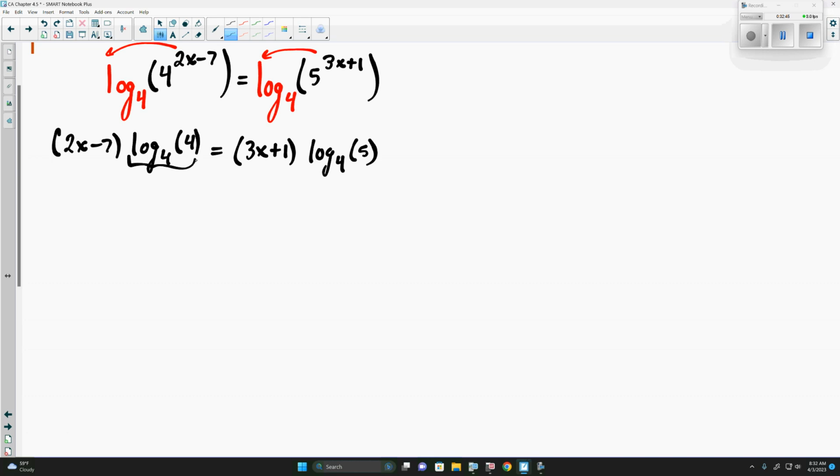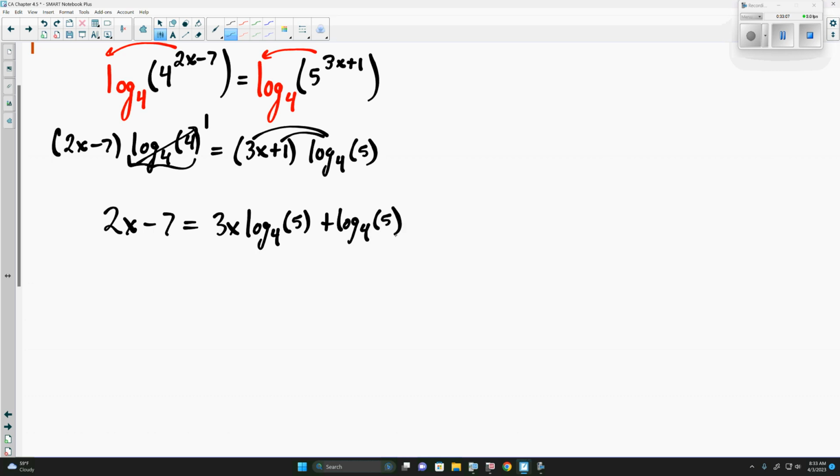Well, what is log base 4 of 4? It is 1. So on the left-hand side, I just have 2x minus 7 is equal to, here we still have to do the distributive property, 3x log base 4 of 5 plus log base 4 of 5.